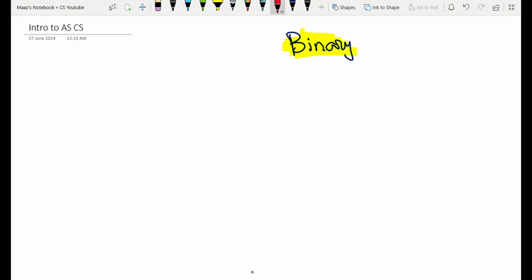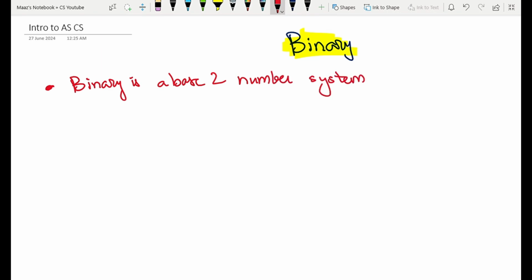In the book, it has been mentioned that binary is a base 2 number system. What do we mean by base 2? We are going to be studying later that we have base 2, base 10, and base 16 number systems.